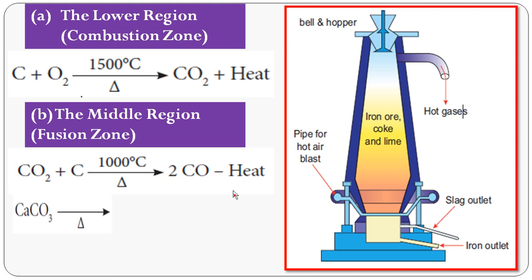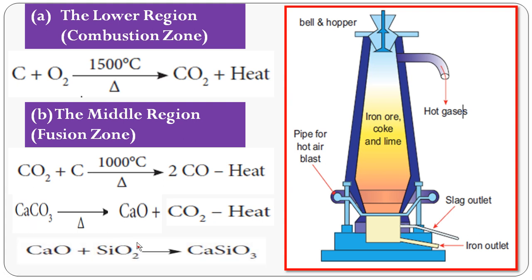Next, the limestone, the formula of limestone is CaCO3. Limestone decomposes to form calcium oxide and carbon dioxide with the absorption of heat. Absorption of heat means it is an endothermic reaction. Then this calcium oxide reacts with silica. What is the formula of silica?